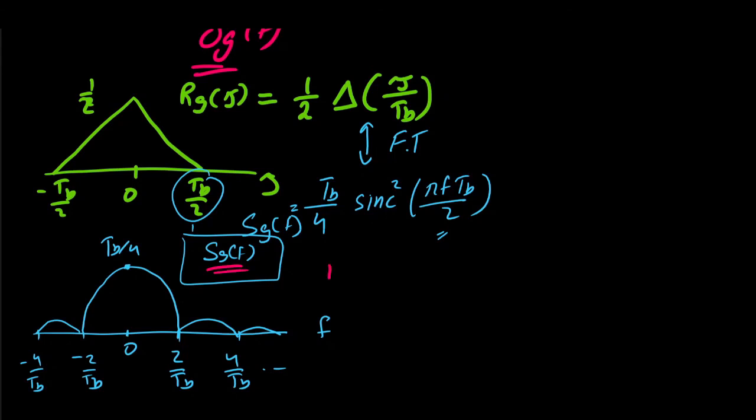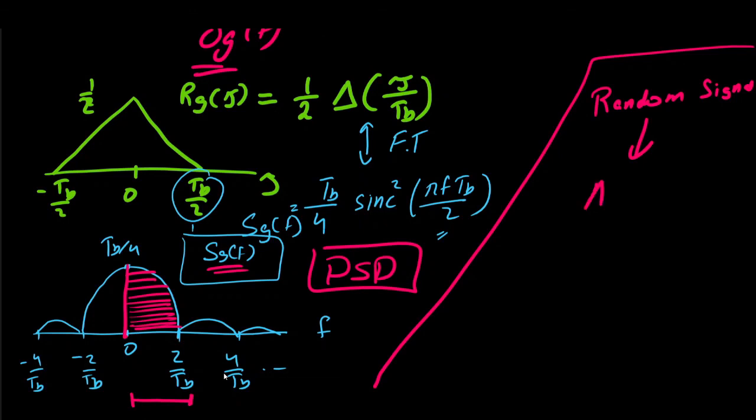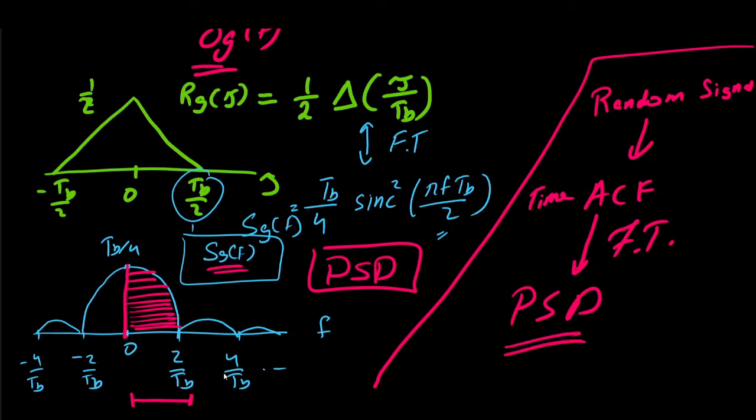Using this power spectral density, we can understand that roughly 95% of the power is in the bandwidth which is 2 by TB. As a summary, if we have random signals, we find the time autocorrelation function, and then we take the Fourier transform of it to find the power spectral density. Using that power spectral density, we can find the amount of power contained in a particular band.